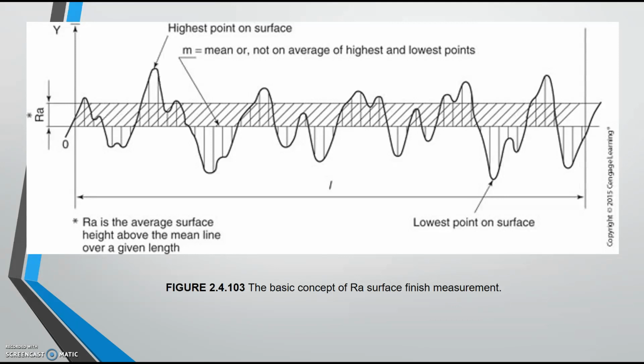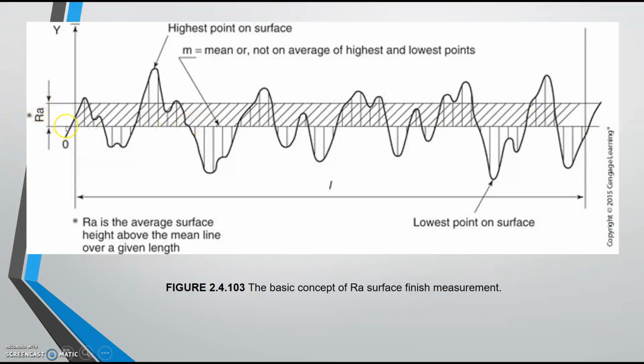First thing we do is we take the average of all these peaks and valleys, the highs and lows, the pluses and minuses, and we plot that average with respect to the highest and lowest points. Notice here, our average becomes our x-axis or our center line of this graph that you see here. So how do we calculate RA?